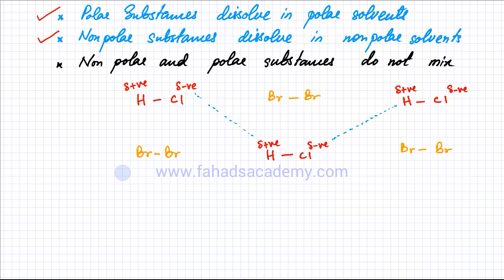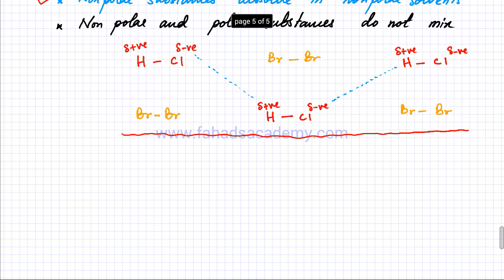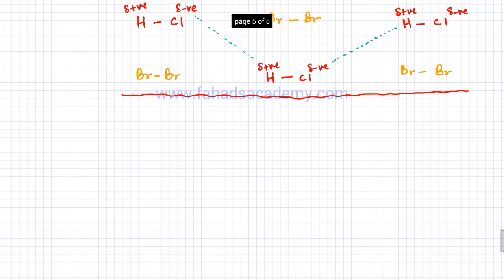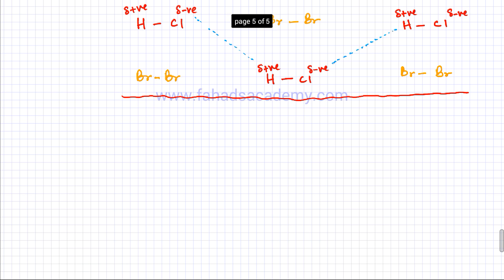Let's redraw this. Let's try and figure out a picture of this mixture after a few minutes. So this was our previous case. Now these HCl molecules are going to be attracted to each other. So hydrogen had a partial positive, partial negative.